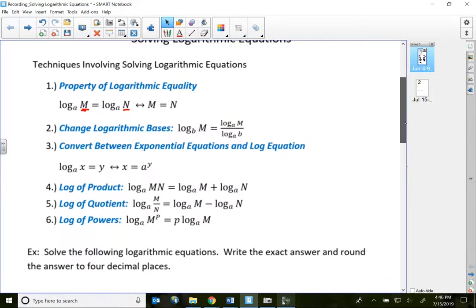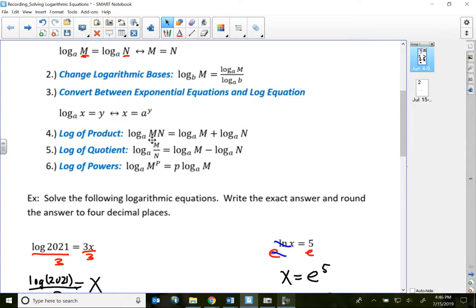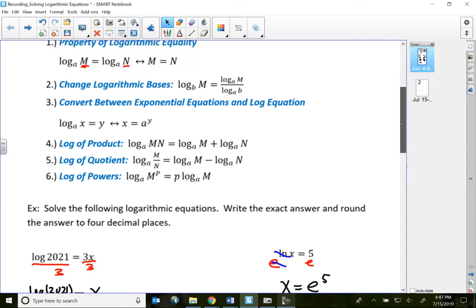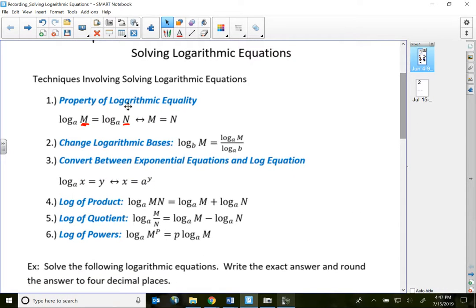What I can do is make them into a single logarithm. Once I get them into a single logarithm equal to something else on the other side, I can either convert the logarithm into an exponential, or I can use the property of logarithmic equality.